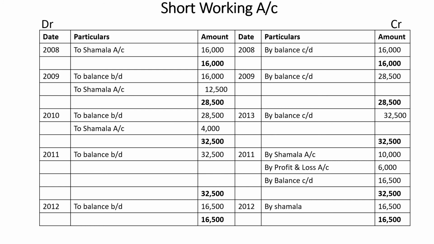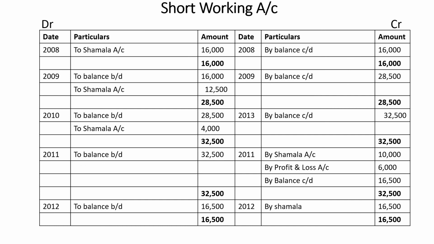In 2010, we have balance brought down of rupees 28,500 and 2010 short working of rupees 4,000. Total is 32,500, and the same amount is carried down. For the year 2011, the balance brought down is 32,500.